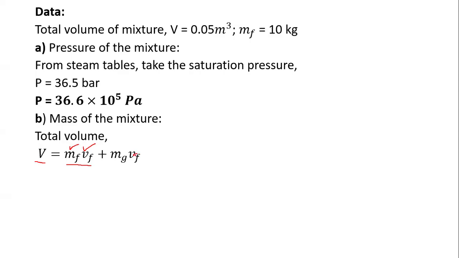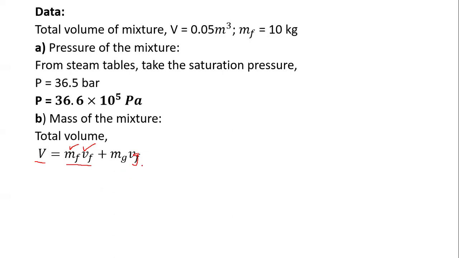This one also for g, which is for the gas, for the vapor: mass of the gas times the specific volume of the same gas, the mass will cancel out, and you end up with the specific volume of the gas. When you add them, they'll give you that total.